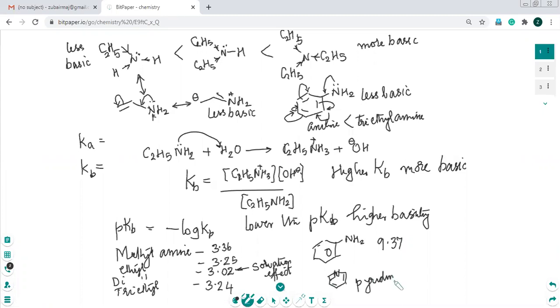We have seen this before in aromaticity. It is 8.75. It is more basic than aniline. So this is the basicity of different amines.